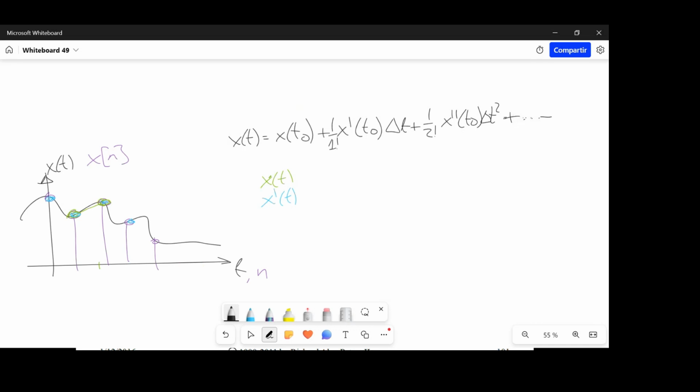So what we are doing with all this interpolation is just taking the Taylor expansion and taking more and more terms of it.